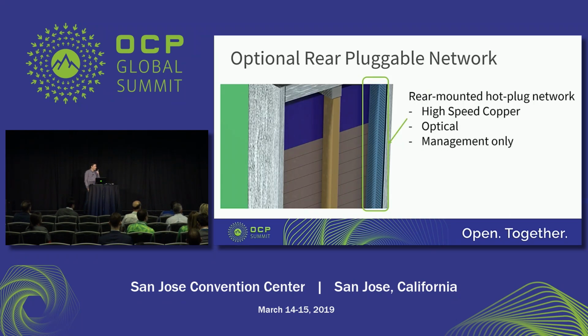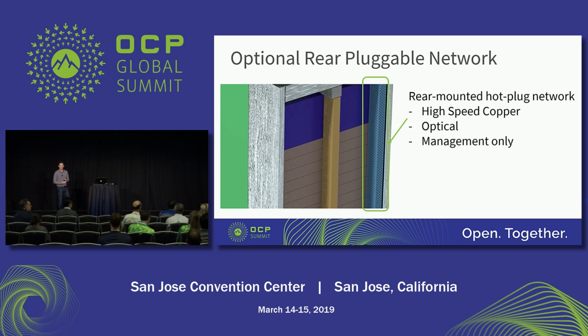And then the final thing I wanted to show you real quick was an optional rear pluggable network. So we will, again, be reserving some volumetric in the back, optionally, where we can now plug the IT gear directly into a data backplane. There's potentially 3 different options that you could use in that particular space.